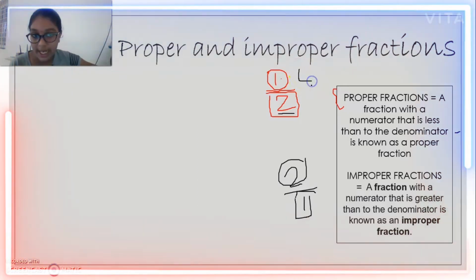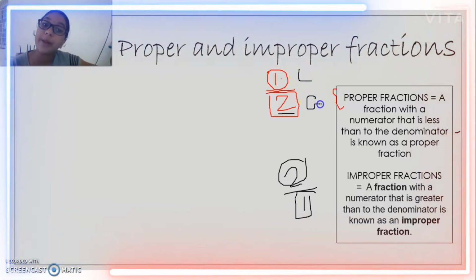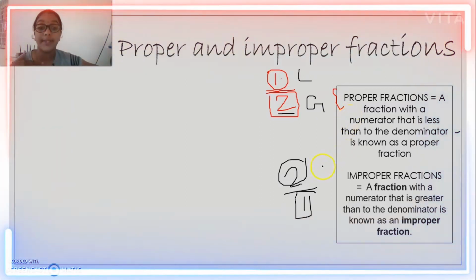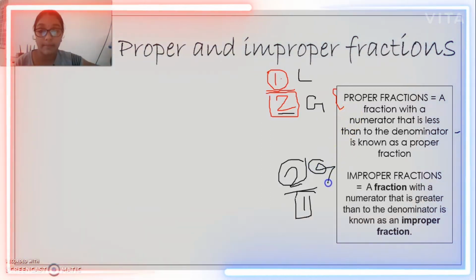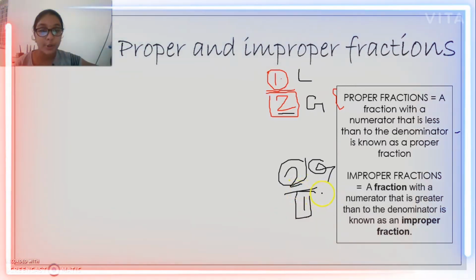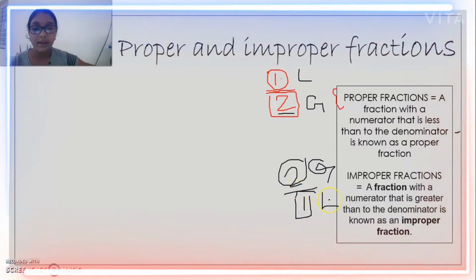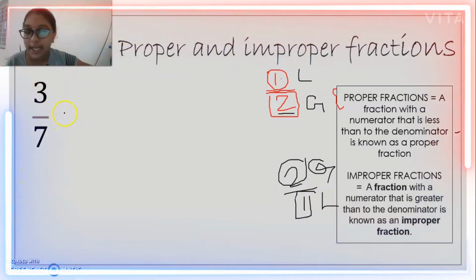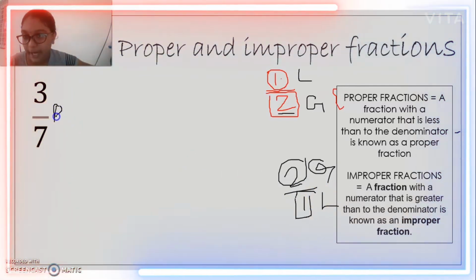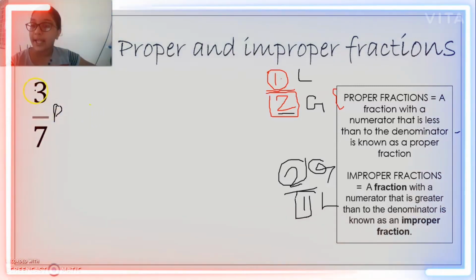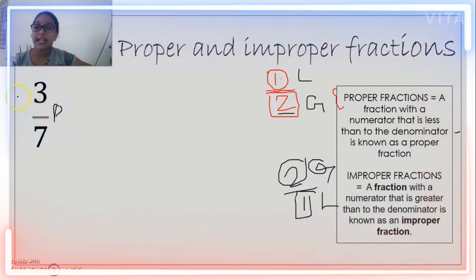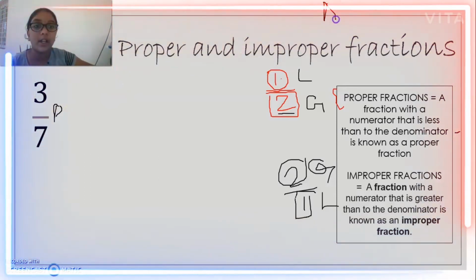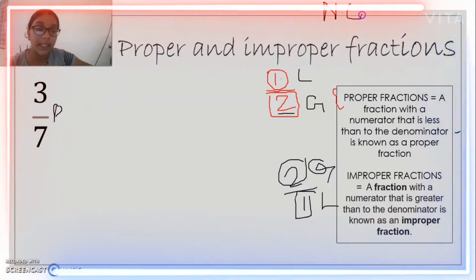Here the numerator should be the greater number and the denominator should be the lesser number. For example, we have 3 by 7. What is this? It is a proper fraction because the numerator is less than the denominator.